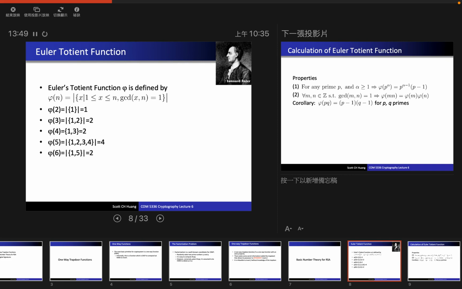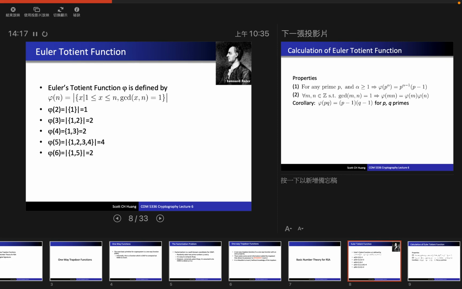Anyway, it's a special function, an important function in number theory. Let's take a look at this.